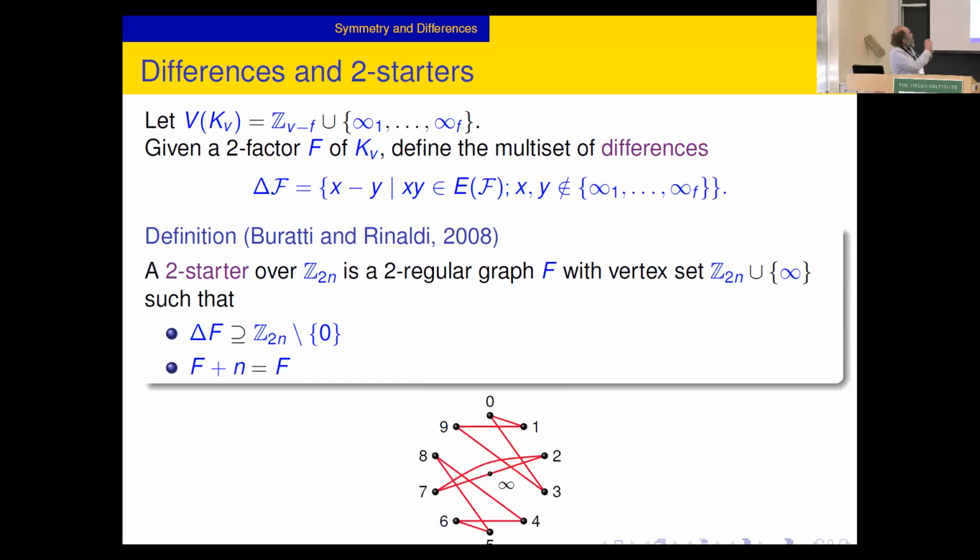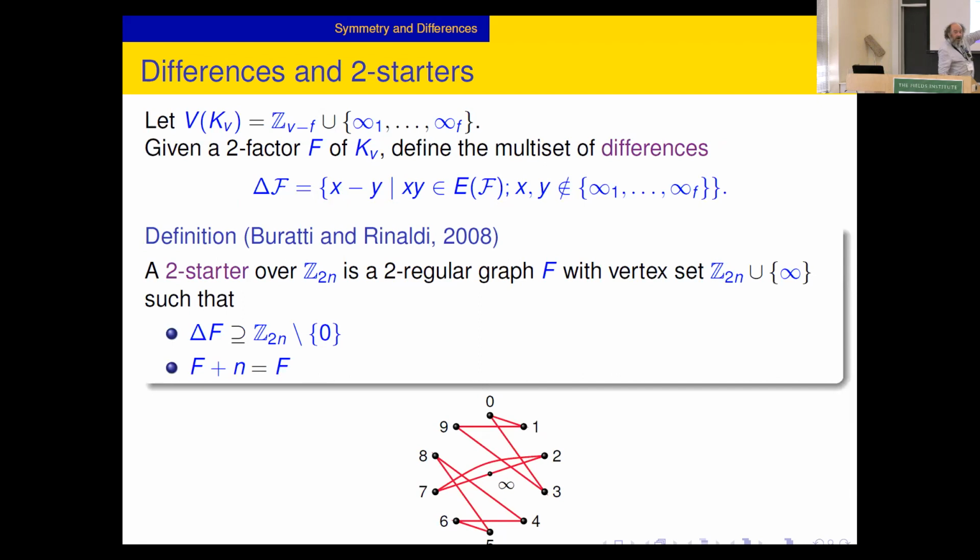All right, so we're going to use this idea of 2-starters. So that's exactly what that was. It's a 2-starter. And the idea is that I take some set of cycles which exactly cover the points, and contain every difference in Z_2n. I'm assuming that my group is even, exactly once.